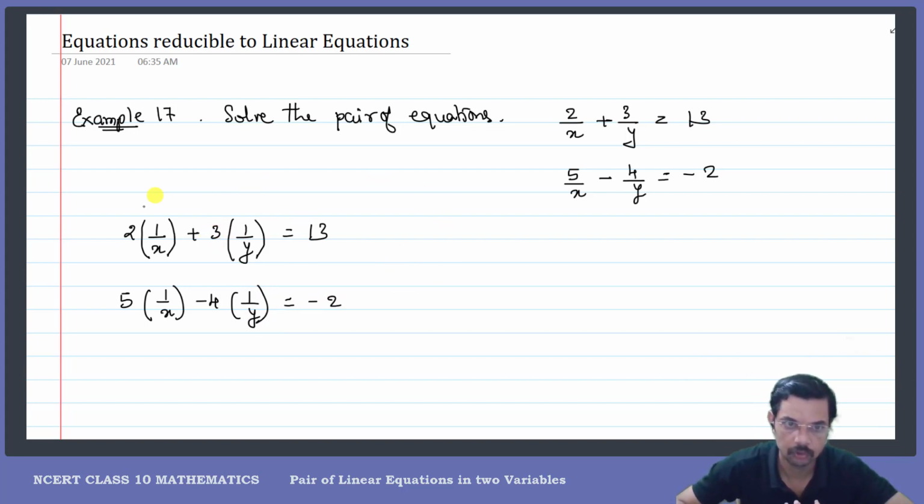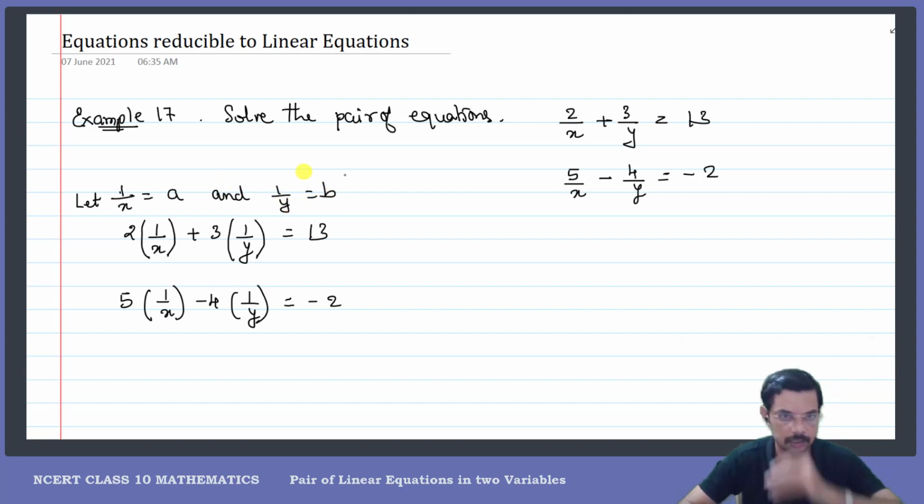Okay, now what I'm going to do is, instead of 1/x I will take a. I'll be assuming that 1/x is equal to a and 1/y equal to b. This is my assumption.